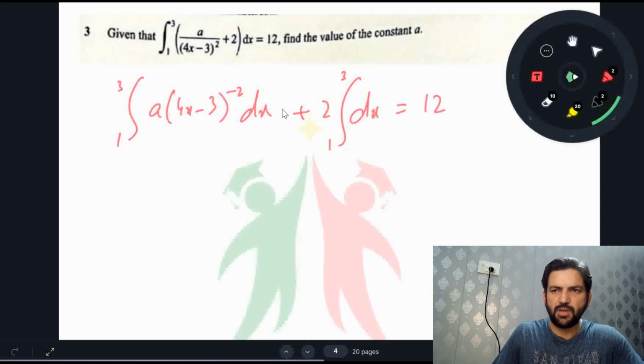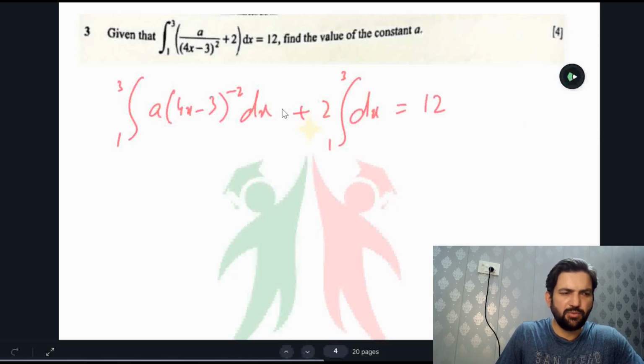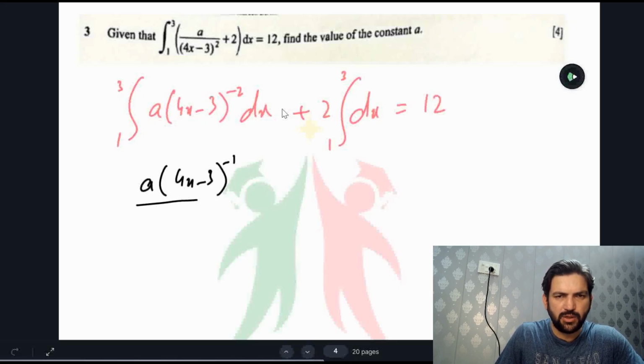Now we can just integrate it. This will be a into (4x minus 3) to the power minus 1, divided by minus 1 into 4, plus 2 into x.